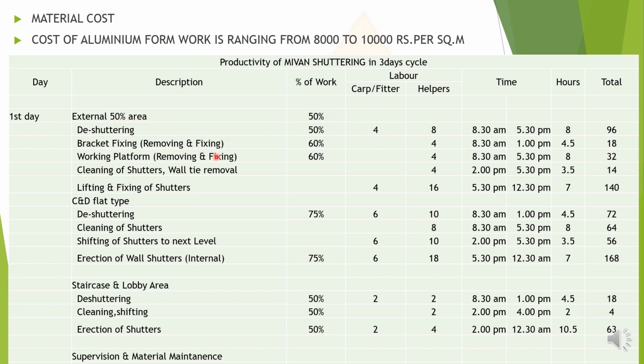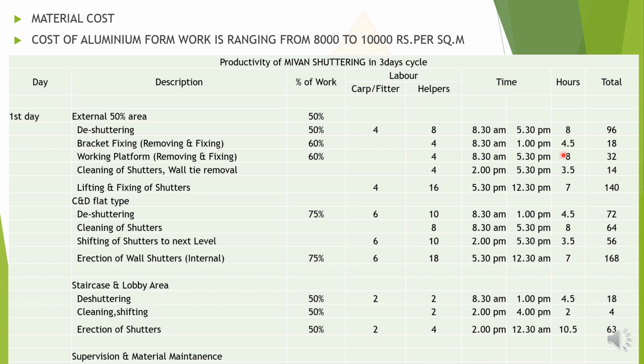First day cycle, external 50% area. De-shuttering 50%, we require 4 carpenters and 8 helpers, number of hours is 8, that is 96 hours. Bracket fixing, removing and fixing 60%, 4 helpers, 4.5 hours, that is 18 hours.